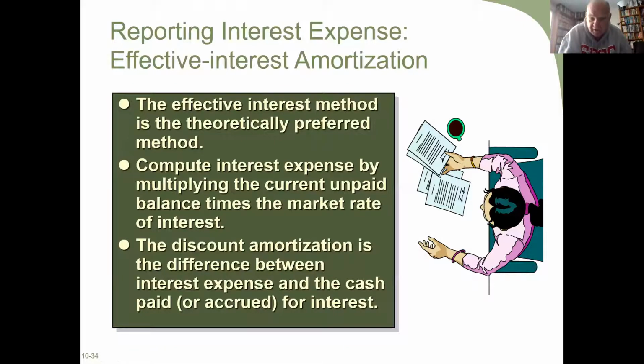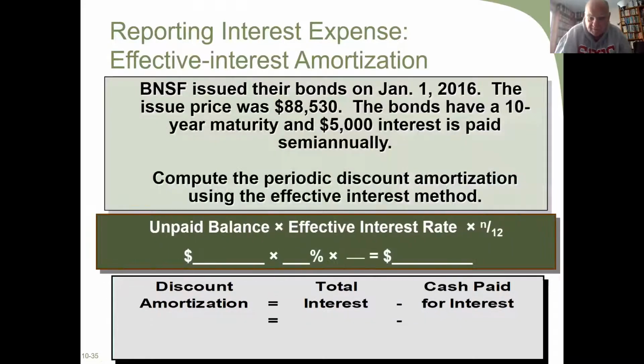When we did straight line, we came up with the amortization and then added it to the coupon rate. Here, we're going to get the total interest expense immediately by multiplying the current unpaid balance times the market rate. A better way to say it is the net book value of the bond times the market rate equals your interest expense for that period.